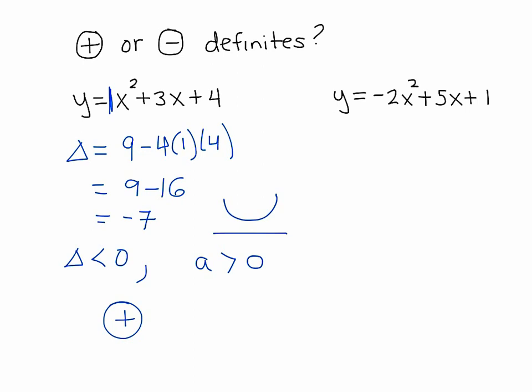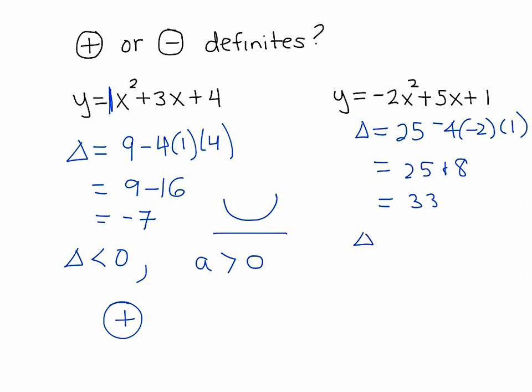Another question is y is equal to negative 2x squared plus 5x plus 1. Again, the discriminant is equal to b squared, 25, minus 4ac. We have 25 plus 8, which resulted in positive 33. We have a discriminant that is greater than 0.